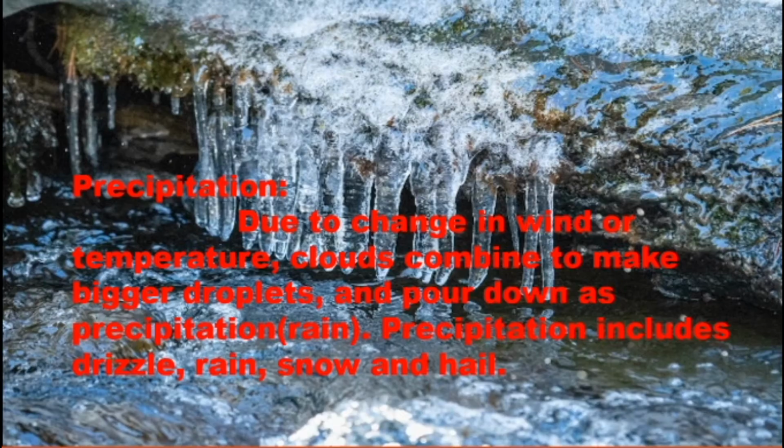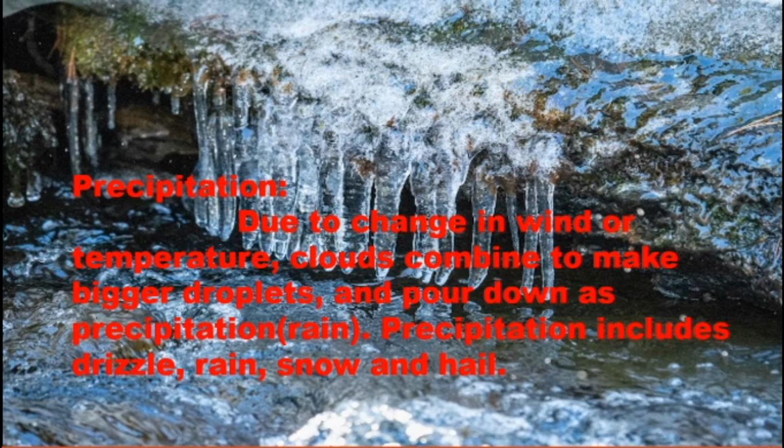Precipitation. What do you mean by precipitation? Due to change in wind or temperature, clouds combine to make bigger droplets and pour down as precipitation. Precipitation includes drizzle, rain, snow, and hail. Drizzle is not heavy rain, it is a light rain.